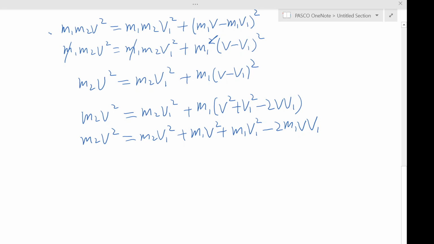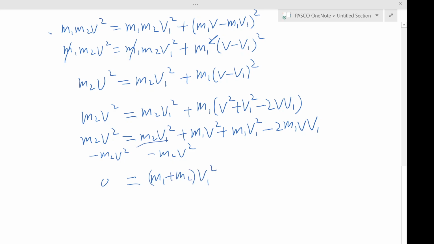So basically, I'm going to minus m2 v1 squared on both sides first, and minus m2 v squared, and then I will have 0 on the left, and on the right it becomes (m1 plus m2) v1 squared.